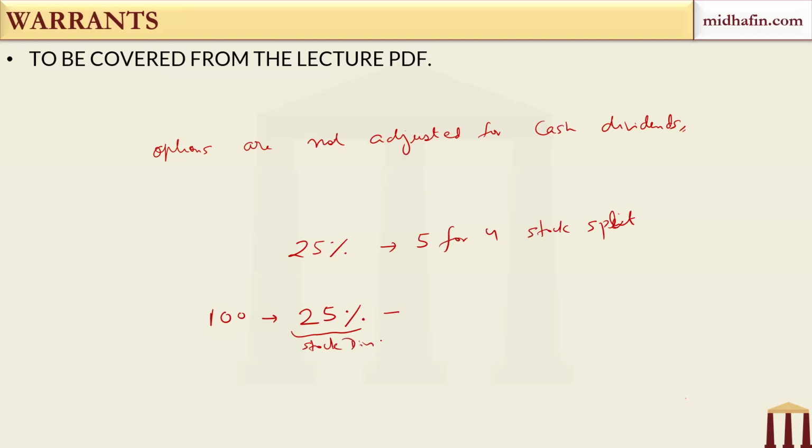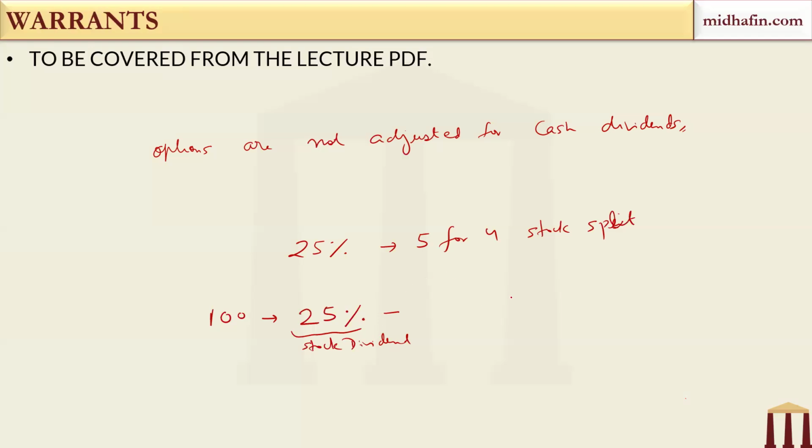What does this mean, sir? It means that you are paying the dividends in the form of stocks rather than cash. So if you buy 100 stocks, you get 25 more.